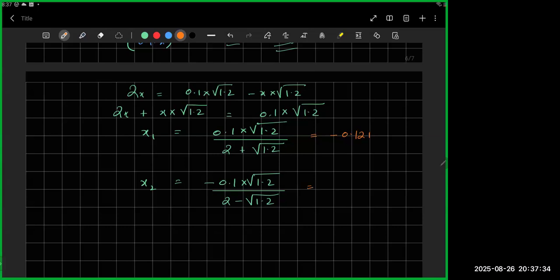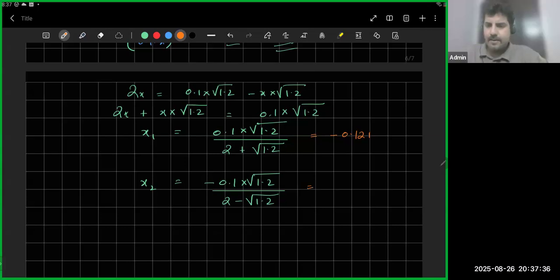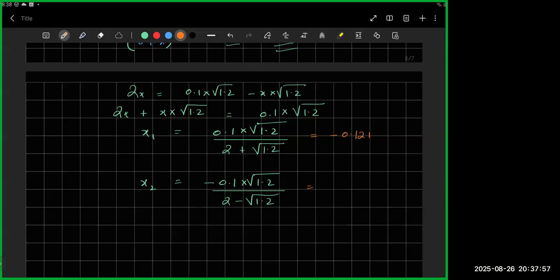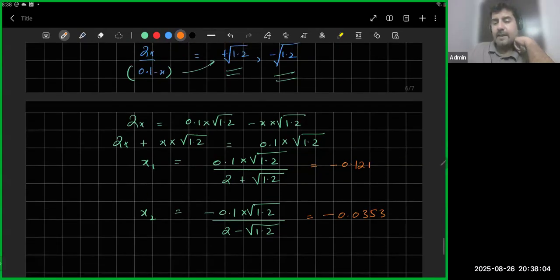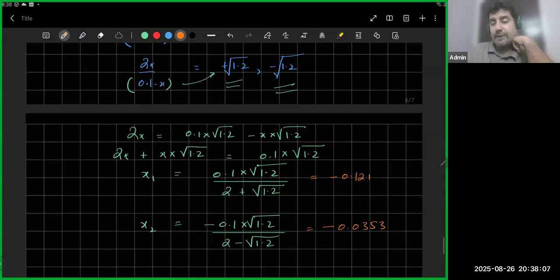Then the second one is minus 0.0353. So you get two values, but only one of them is going to work.